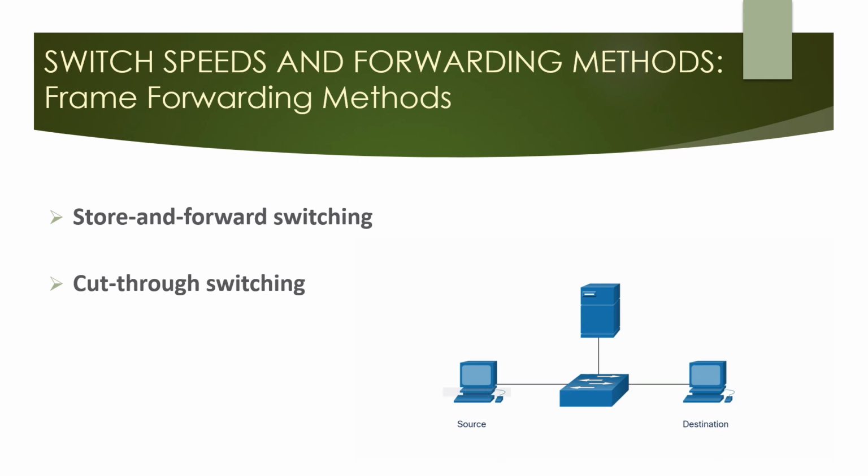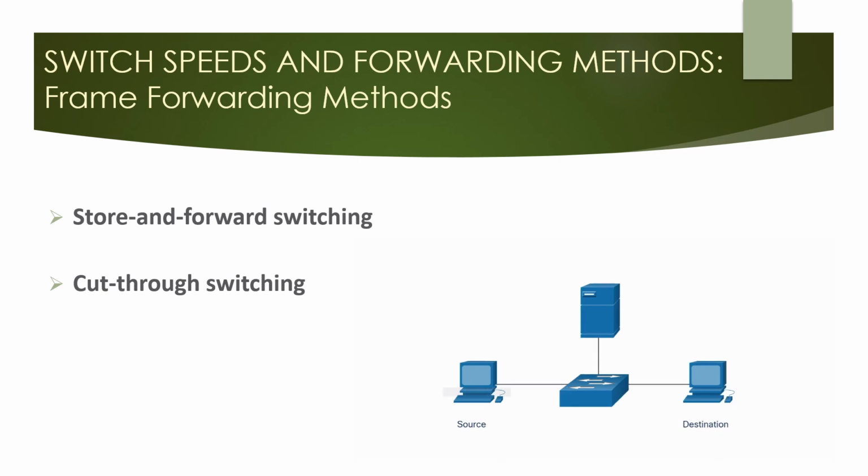Store and forward switching is required for quality of service analysis on converged networks where frame classification for traffic prioritization is necessary. For example, voice over IP data streams need to have priority over web browsing traffic, and that's why in this case we use store and forward switching.